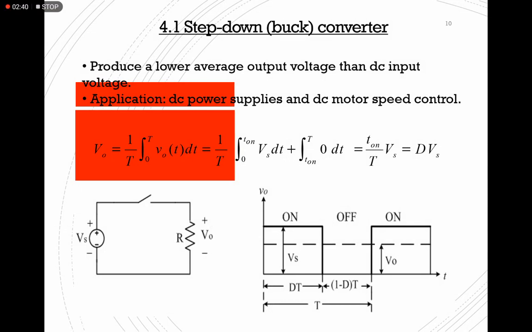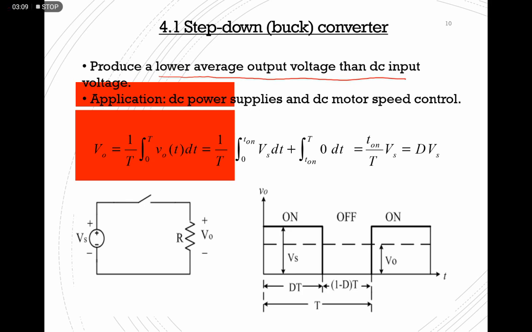It is more or less the same as the linear regulator just now, and in the next slide you will add the features of a switch mode regulator. A recap: for the buck converter, normally it will produce an output which is lower than the input. Your output will be lower than your input, which is higher.